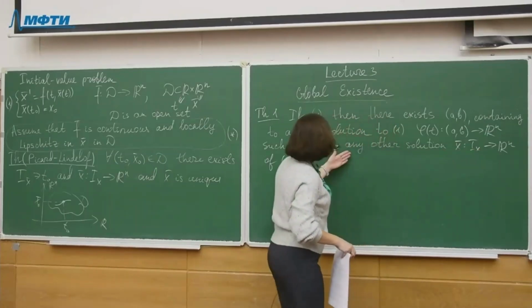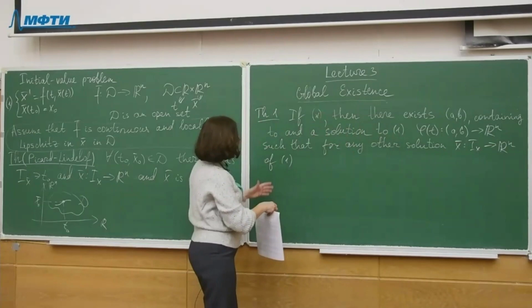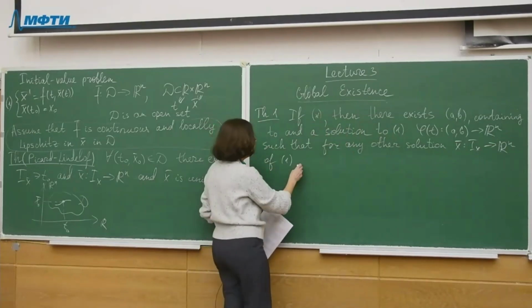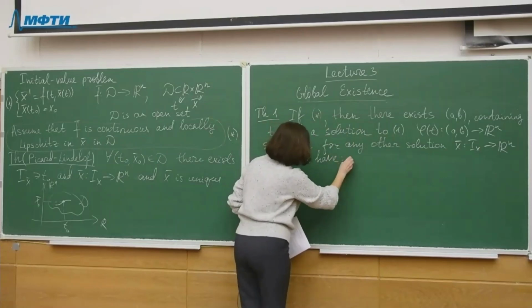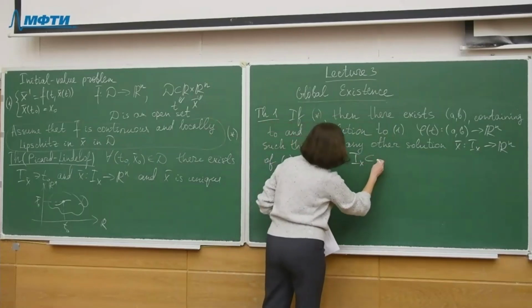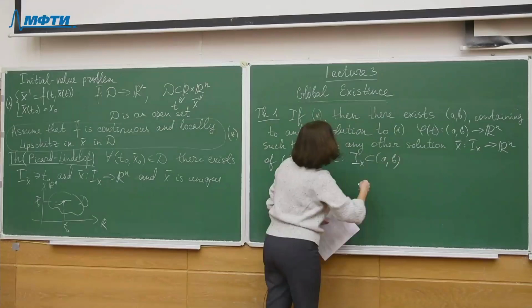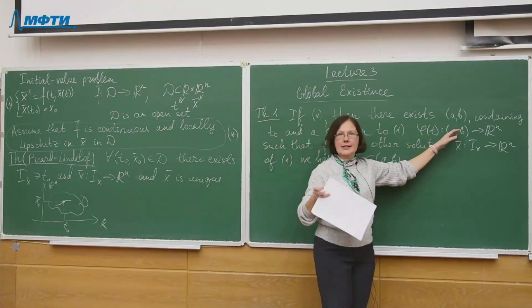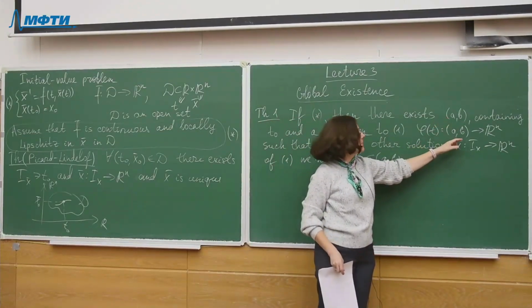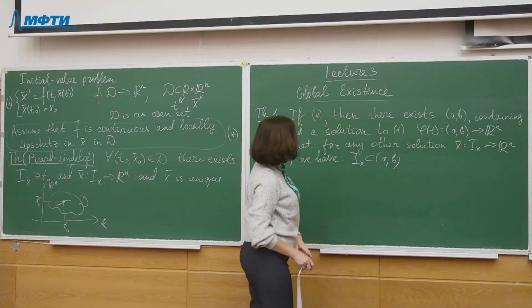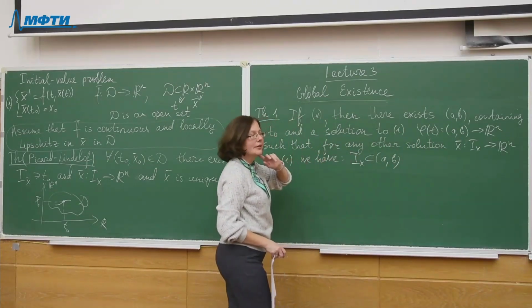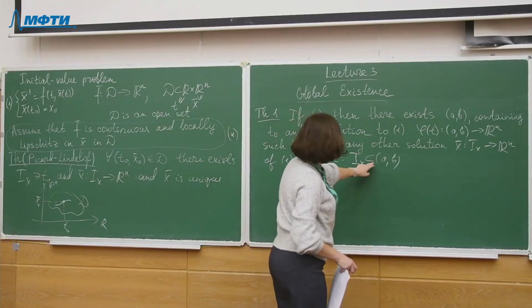But for any other solution of the same initial value problem, we have the following. Ix must be a subset of AB. So AB will be a maximal interval. So the theorem states that there exists a maximal interval AB.